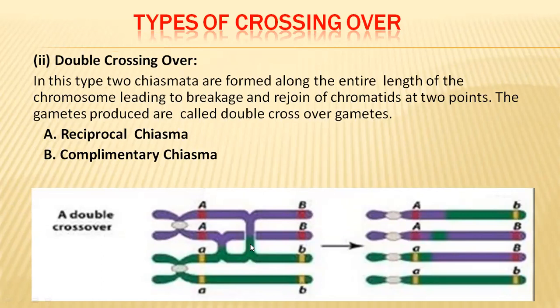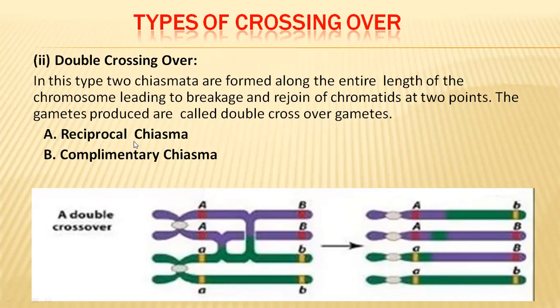Here in this slide we are seeing the first chromatid of the first chromosome forming a chiasma with the first chromatid of the second chromosome. And the second chiasma is being formed in between the second chromatid of the first chromosome and the first chromatid of the second chromosome. So this type of chiasma is called complementary chiasma.